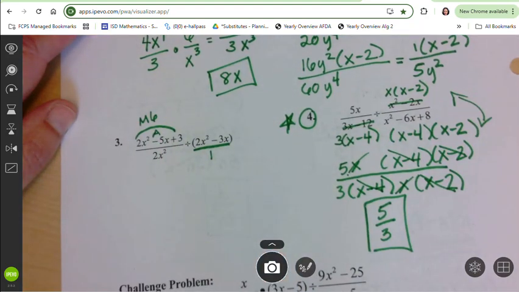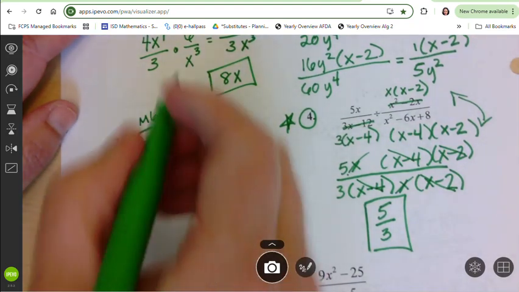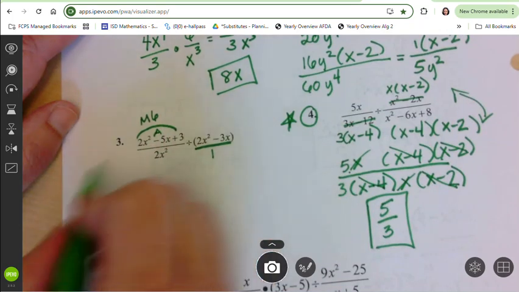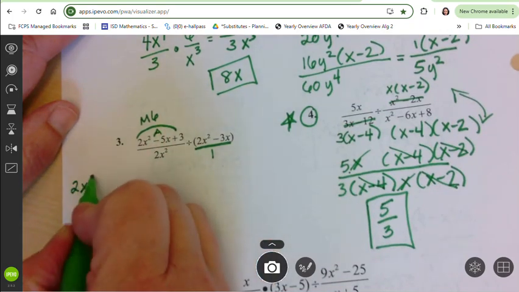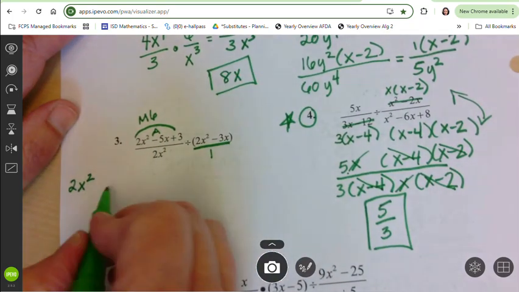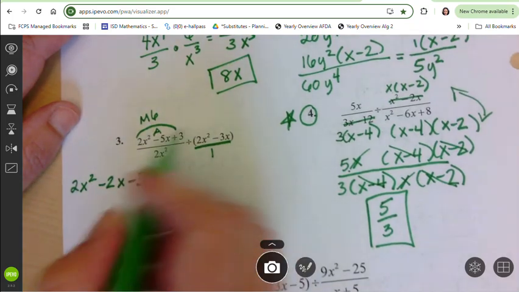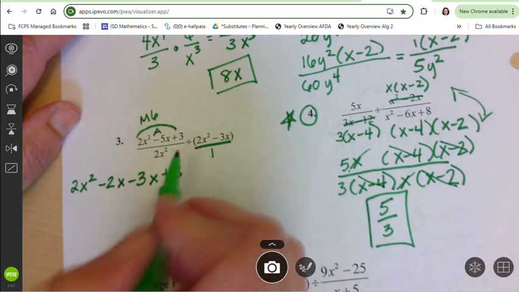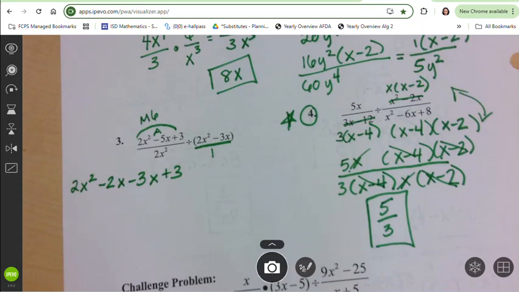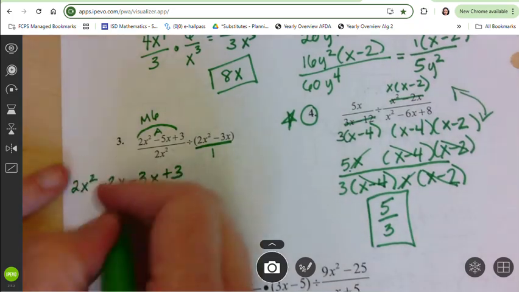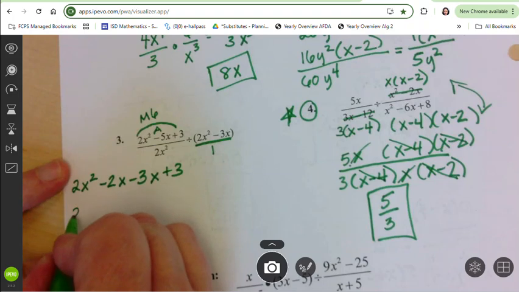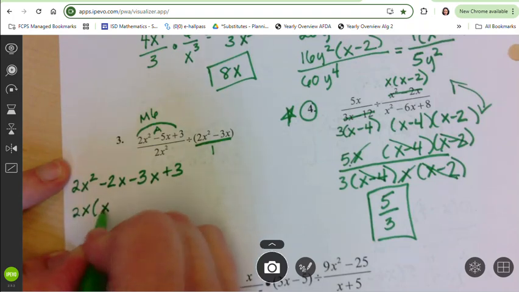I could do -2 and -3. And so what I'm going to do is rewrite this, 2x squared, and instead of the -5x, I have minus 2x minus 3x, and then plus 3. I'm just dealing with that right now because it's going to take me a minute to factor this. Okay, first two terms have a common factor of 2x. So when I take that out, I have x minus 1.